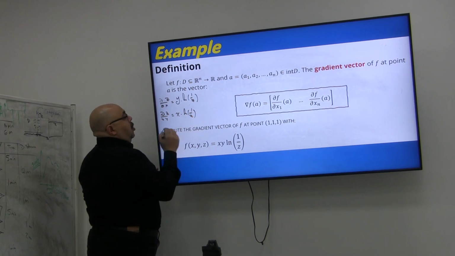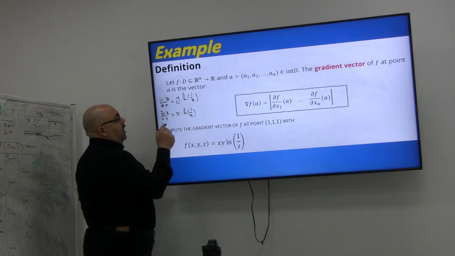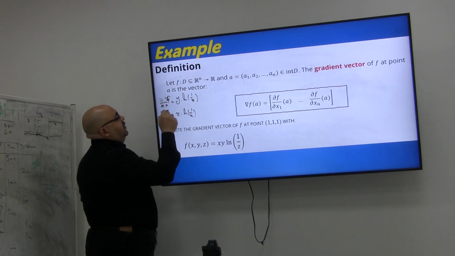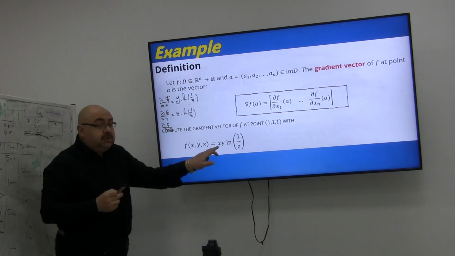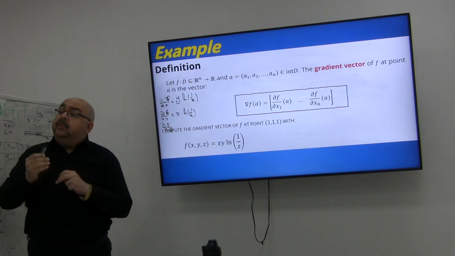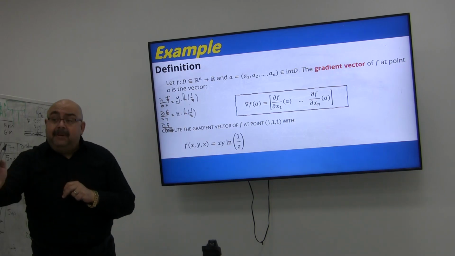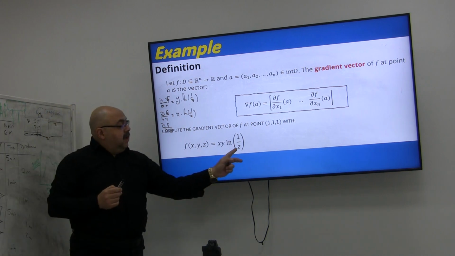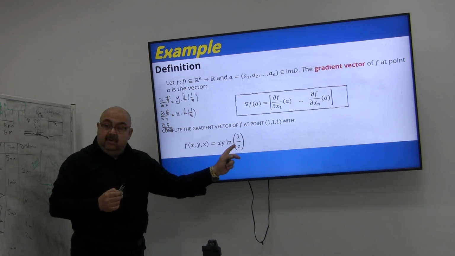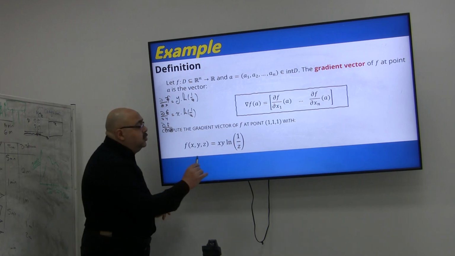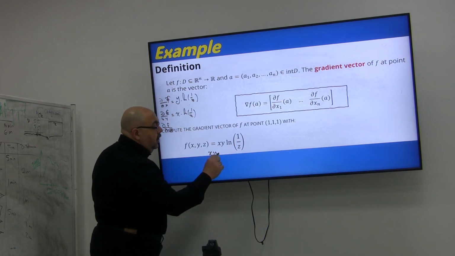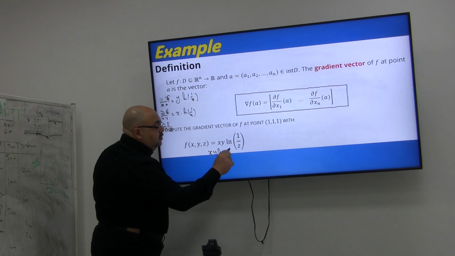Now I want to get partial f partial z. I want to differentiate with respect to z. Before we do the derivative with respect to z, let me adjust this value. Instead of dealing with it in this form, let's consider it as x, y, ln z to the power of -1.